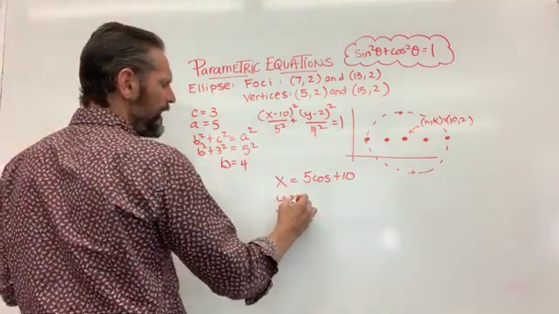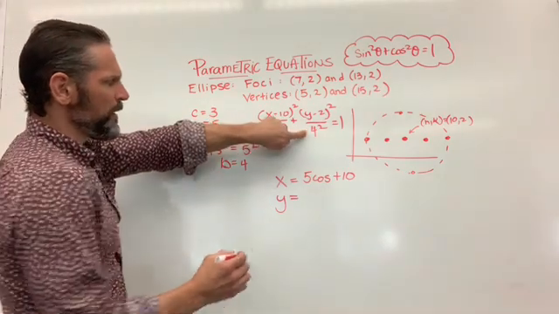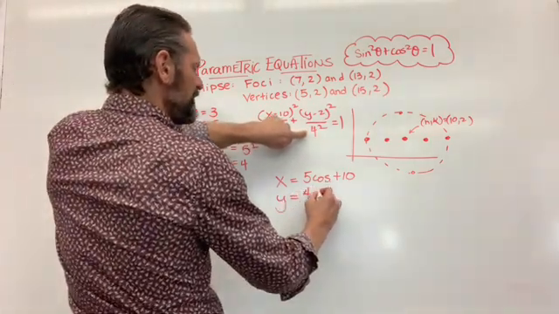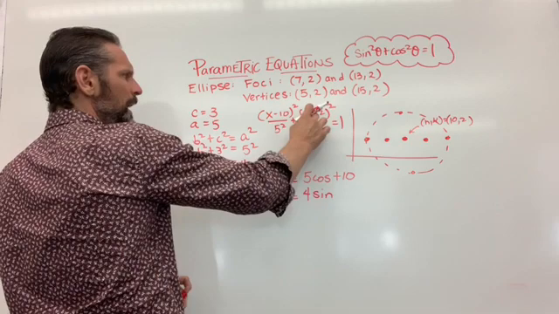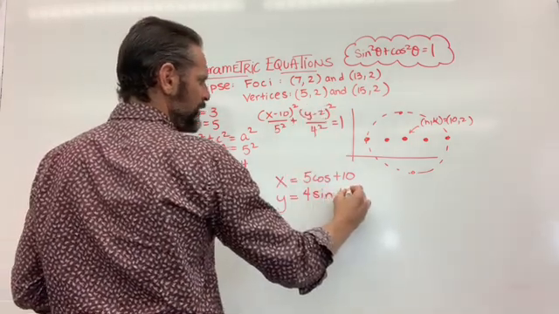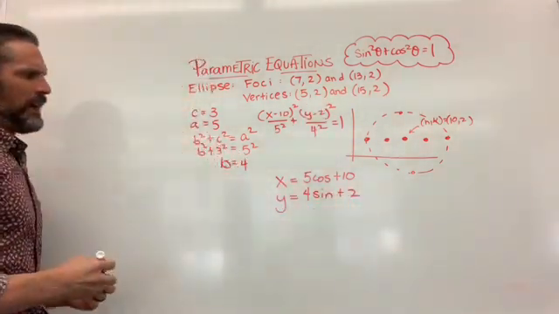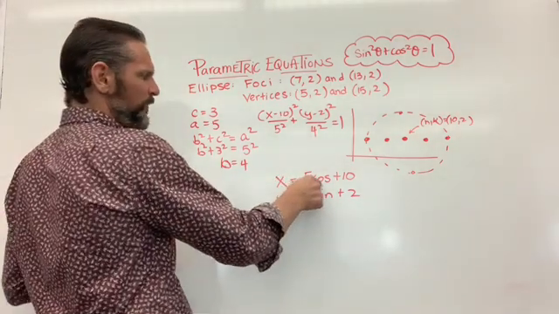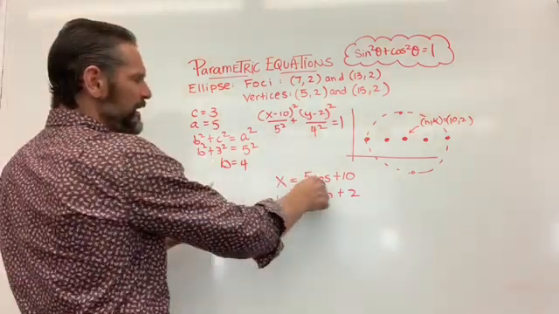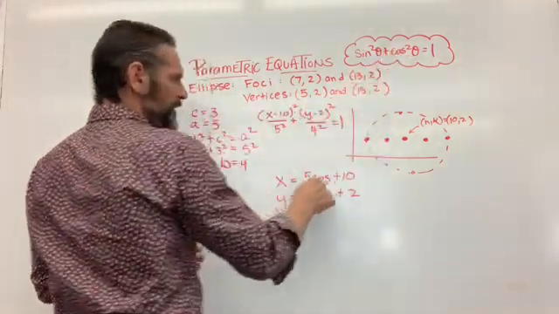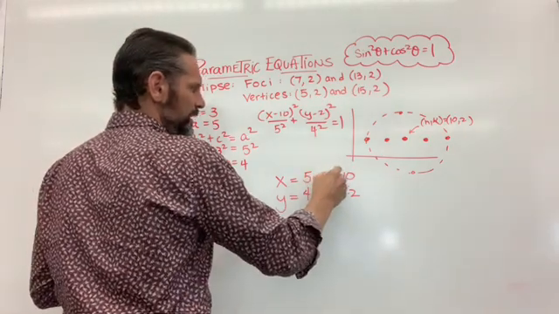And y, if I want a 4 on the bottom, I'm going to do 4 sine, and if I have a minus 2 there, I'll add 2 there. And I'm sorry, I forgot my thetas.